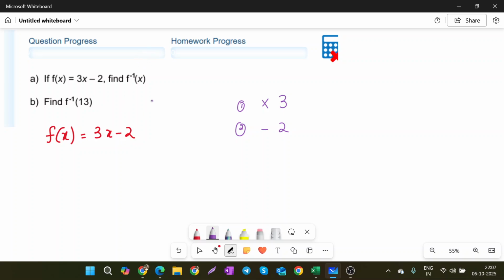So if I want to find the inverse of this, I'm going to do this in the reverse order, and do exactly the opposite of these things. I'm trying to undo what this machine is doing.